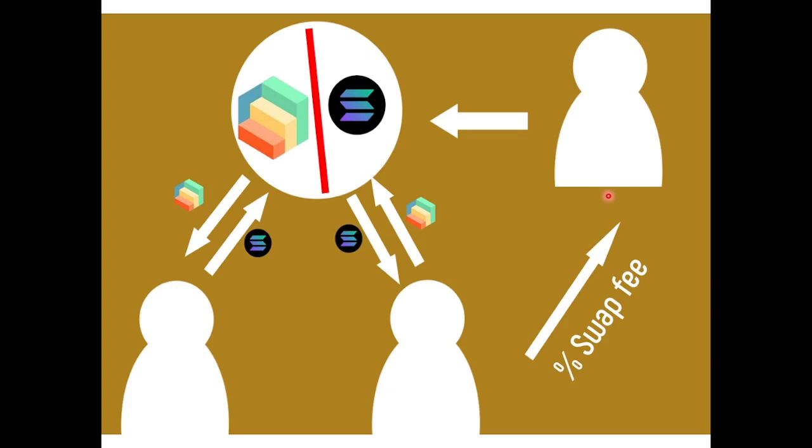Liquidity providers make their profit from the swap fees that traders pay when they swap between tokens. The swap fee is used as a yield for the liquidity providers.